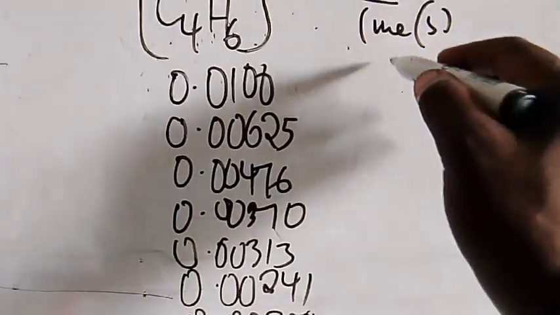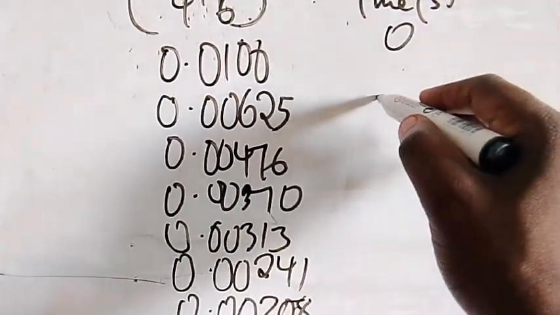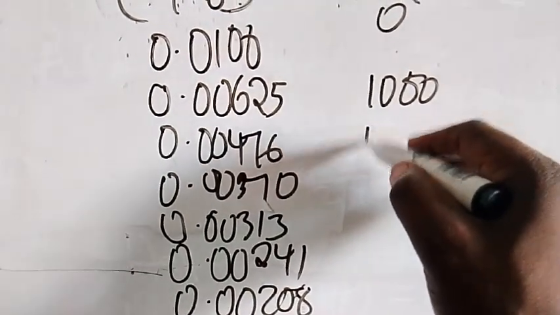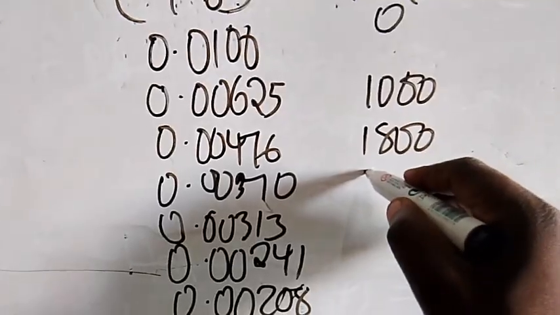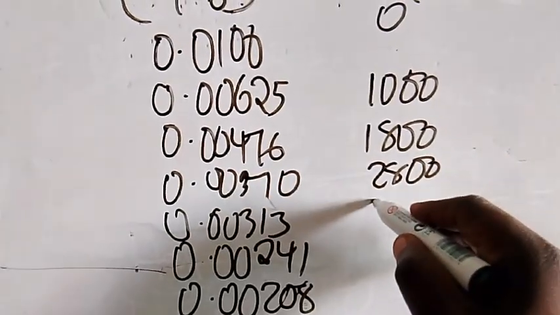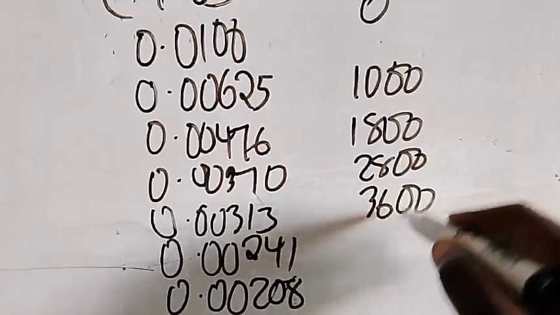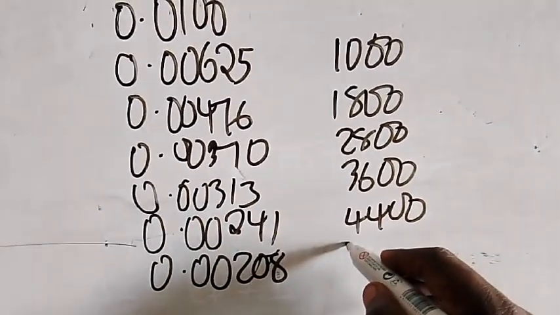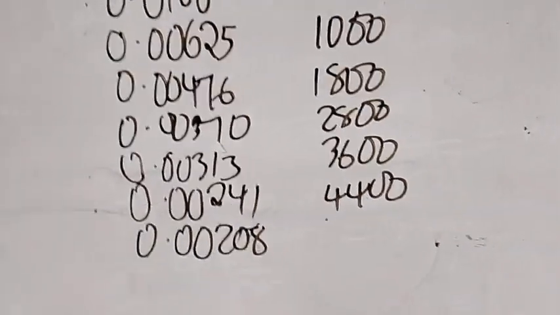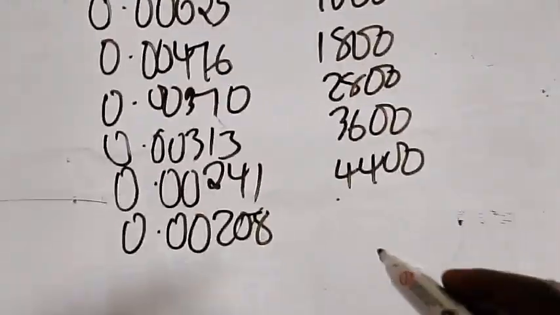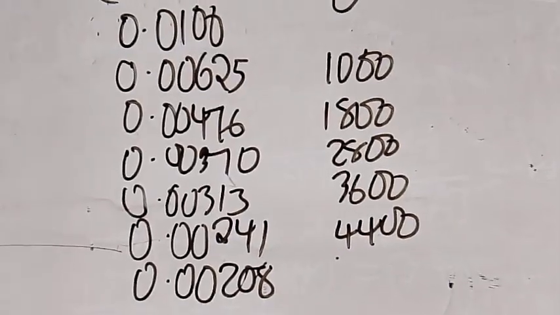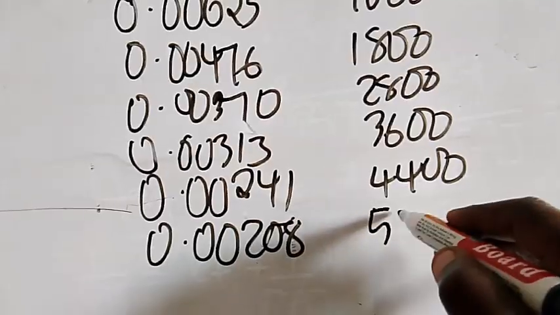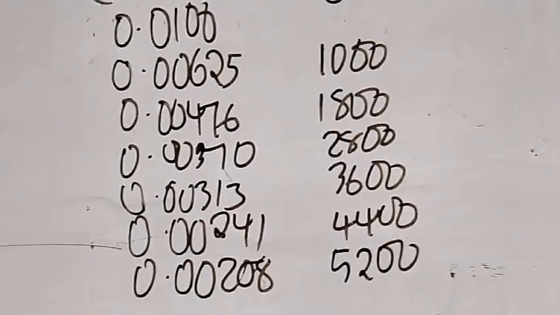Then the time: 0, 1000, 1800, 2800, 3600, 4400, 5200.